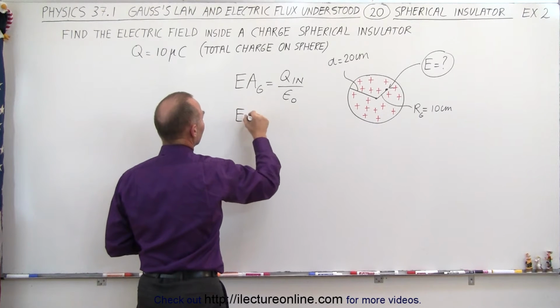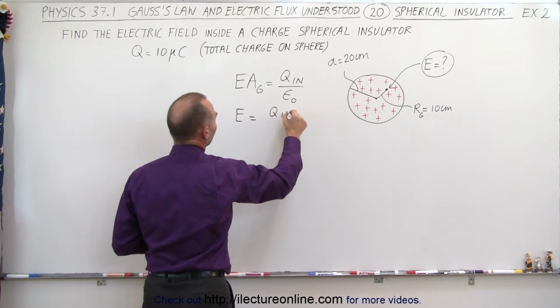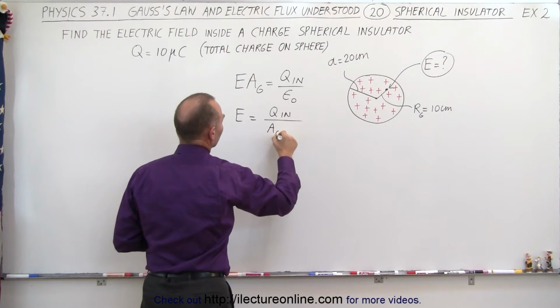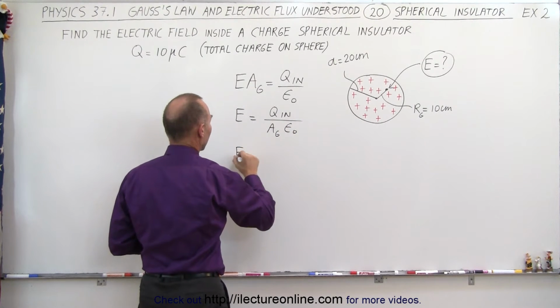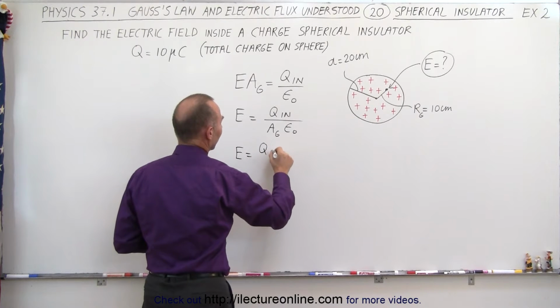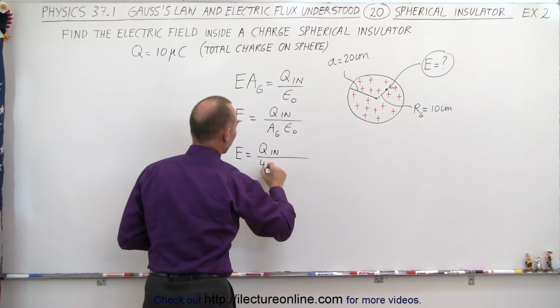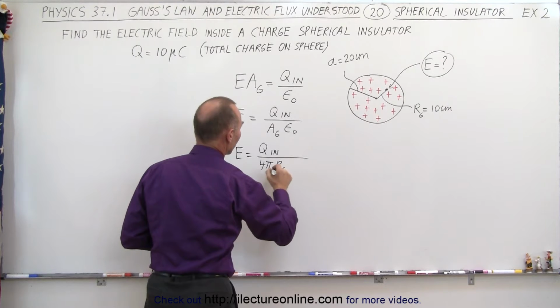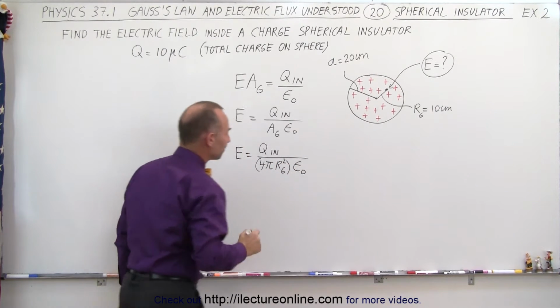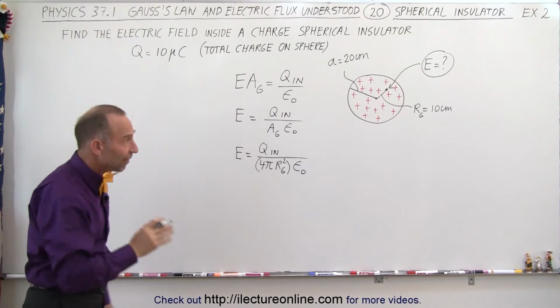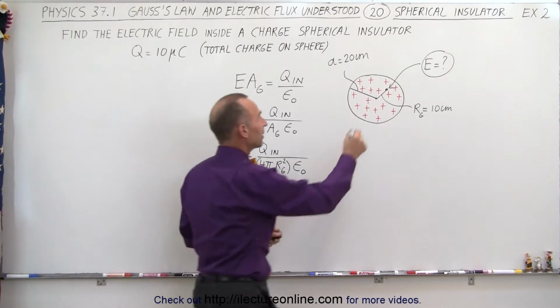So the electric field strength is equal to Q inside divided by the surface area of the Gaussian surface times epsilon sub naught, which can be written as Q inside divided by 4 pi times the Gaussian radius squared times epsilon sub naught. The trick again is in finding the charge inside the Gaussian surface.